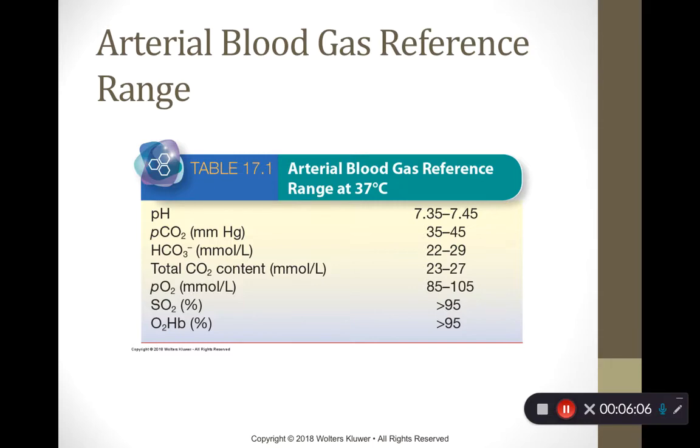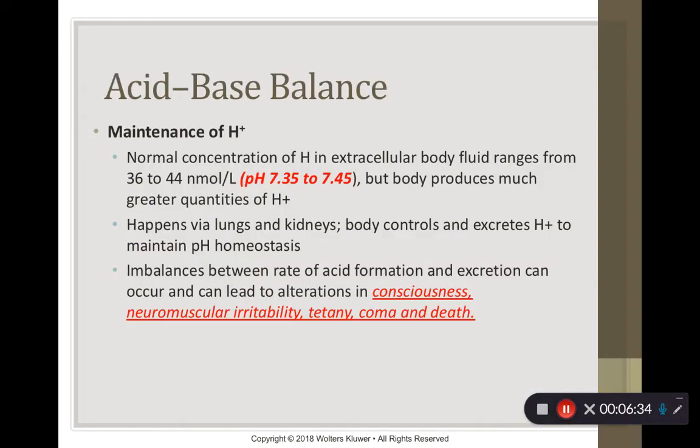HCO3 bicarbonate is 22 to 29. Total carbon dioxide content is measured in millimoles per liter, 23 to 27. Partial oxygen is also measured in millimeters of mercury. Saturated oxygen is a percentage, which should be greater than 95, and oxygenated hemoglobin is also a percentage and should be greater than 95.